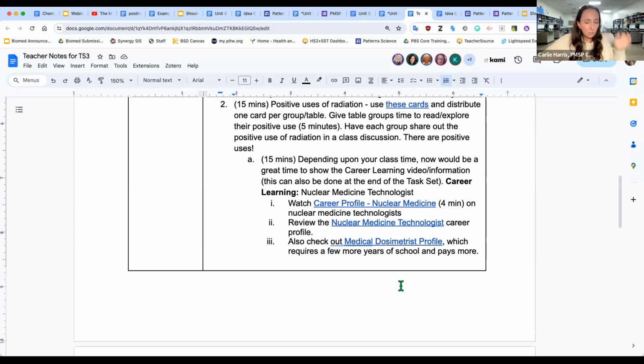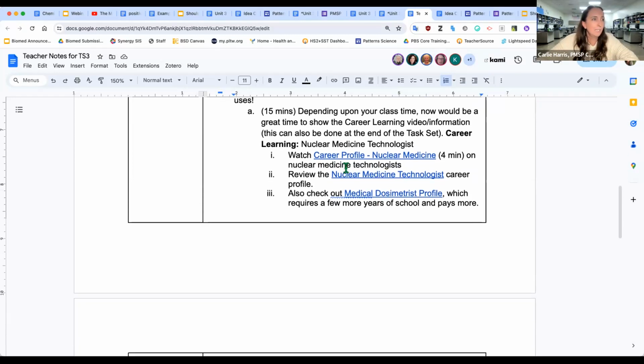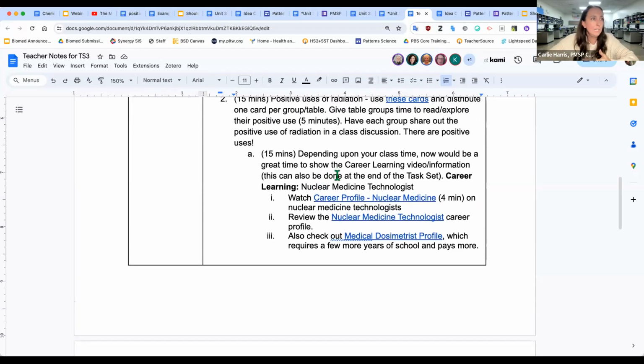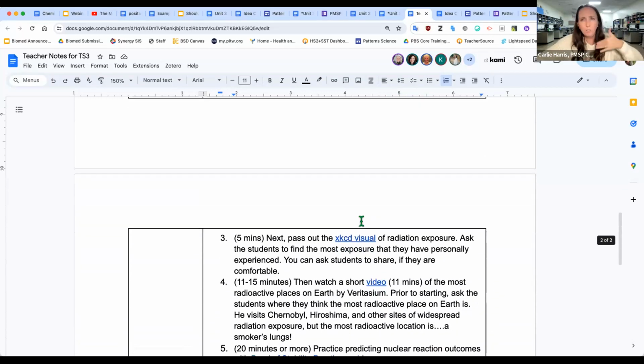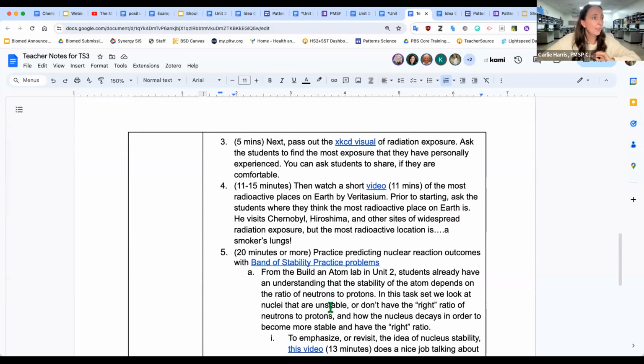I know I've taken my students to different hospitals, and some of the techs have chatted with us about some of the different safety protocols and all the cool stuff about working with nuclear medicine. So we highly encourage you to include that. You can include it as you're doing that little mini task of the positive uses of radiation, or you can include it later on in the activity, whatever works best for you, right?